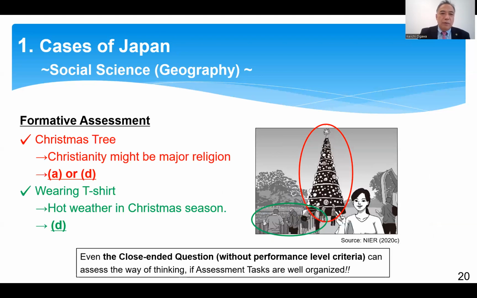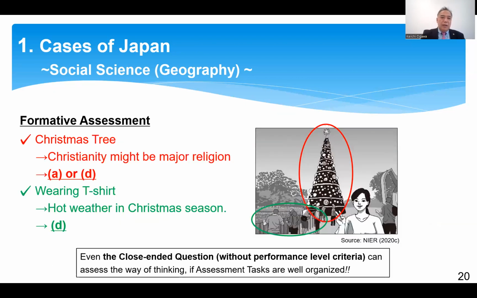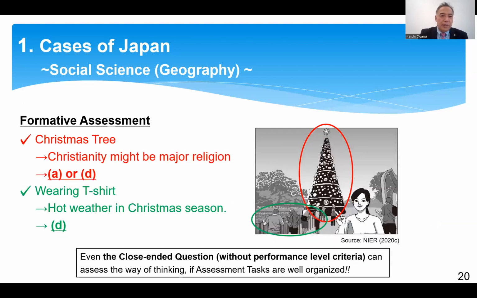Then, formative assessment: Christmas trees mean Christianity, so either A or D. Because C is Islam, B is Buddhism. So A or D. Then wearing t-shirts.